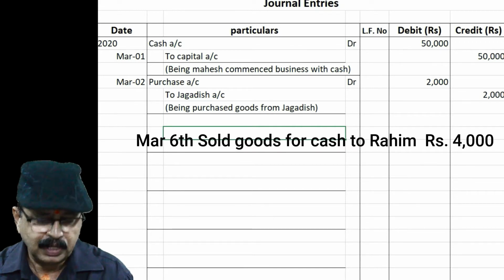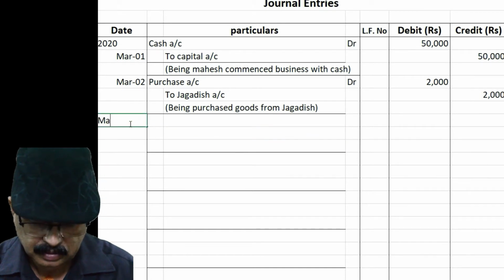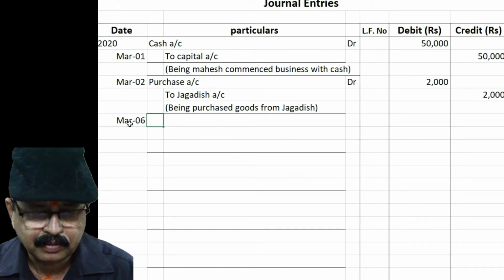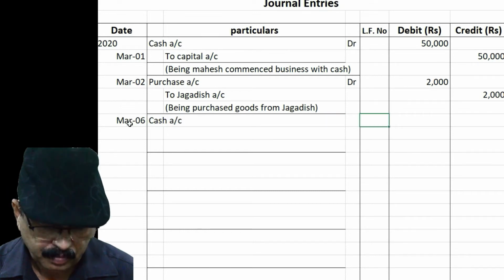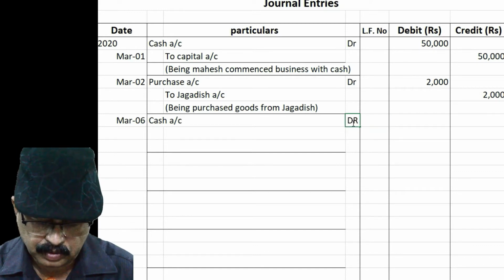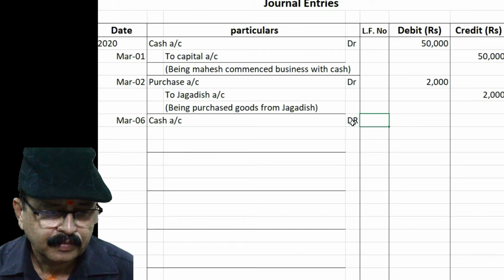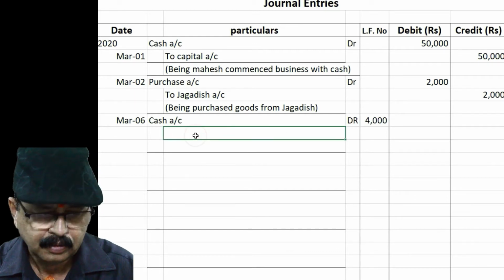This is on March 6th. Cash account, debit, amount 4,000. Then we write 'To sales account'.